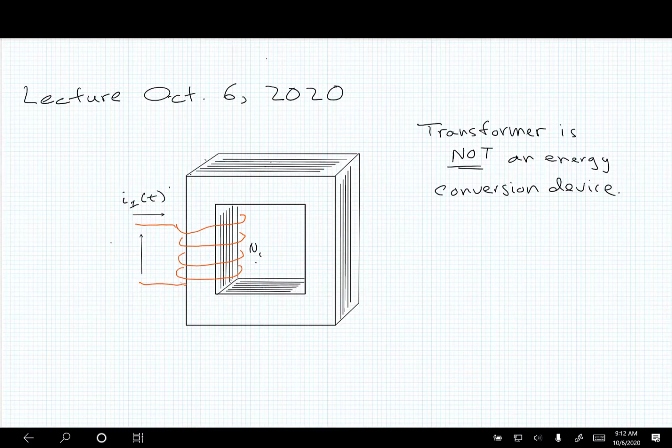That voltage right now, I'm just going to say, is the voltage that is derived from Faraday's law, where we would say that E1 of t is equal to the derivative of what I'm going to call lambda 1 of t.